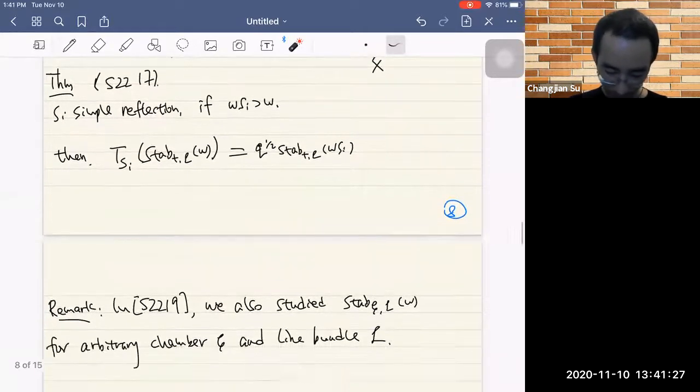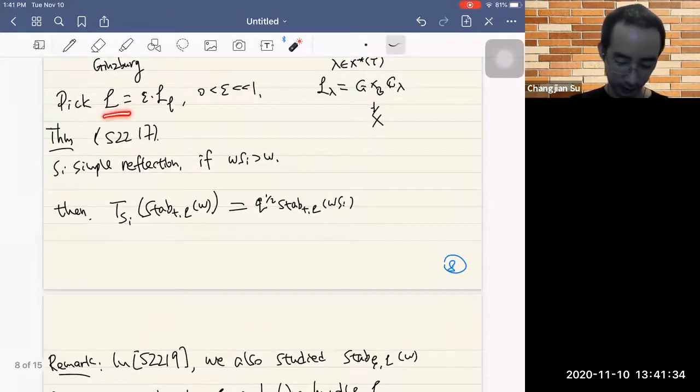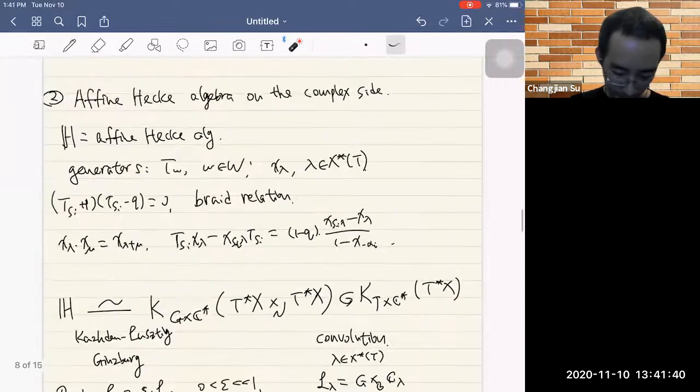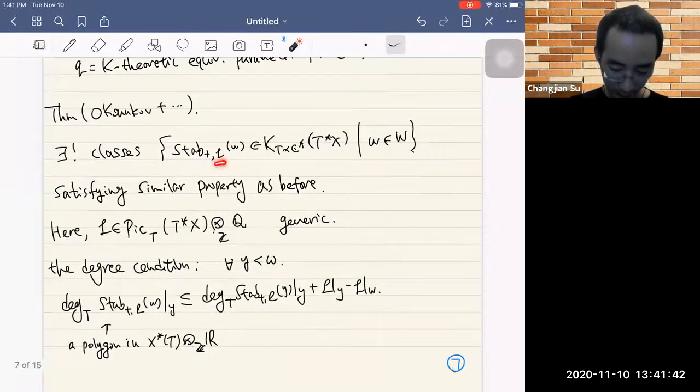Okay, so this is only for the positive chamber and also for this L. Maybe let me just mention, this L depends locally constantly on this.